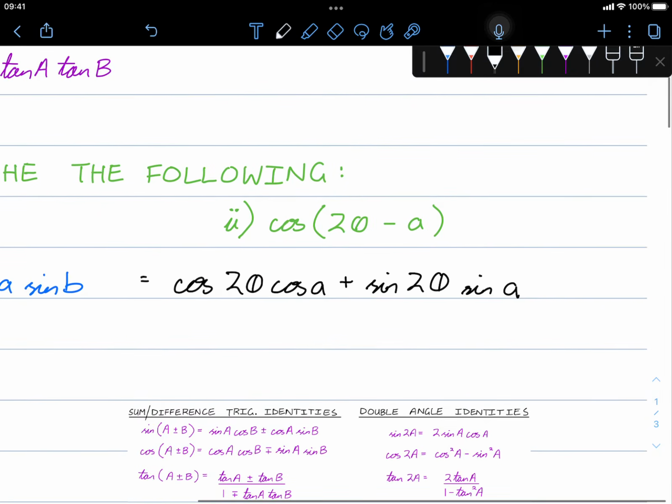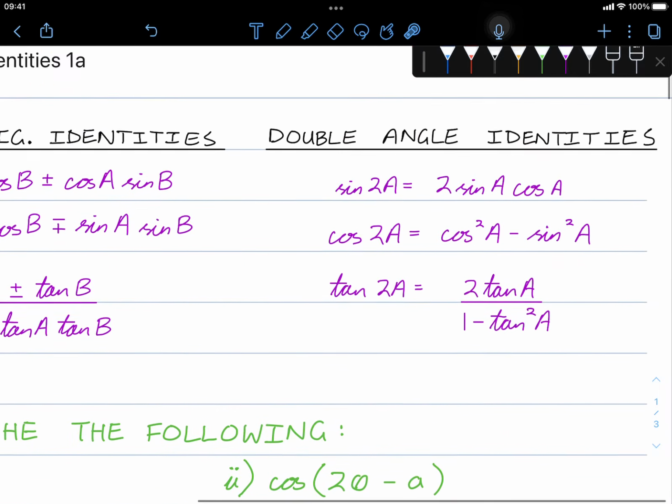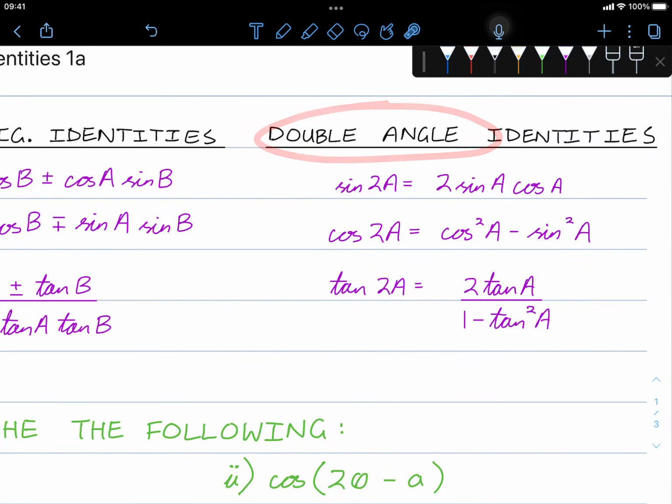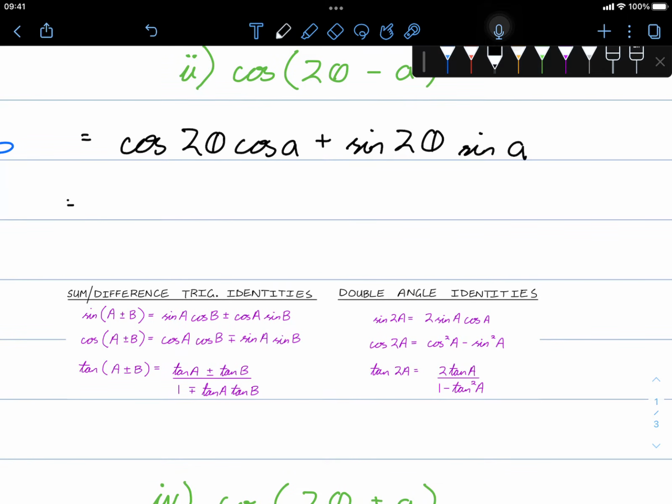Now we could stop here, but now that we have this double angle, we're going to apply our double angle identities. So let's keep going from here. Cos of 2 theta becomes cos squared A minus sine squared A. So this becomes cos squared theta minus sine squared theta.